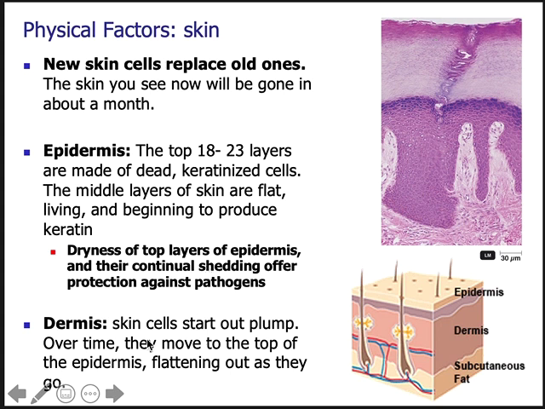Over time, they move up to the top and flatten out and become part of the epidermis. So you have epidermis, dermis, and then we're not even talking about the other parts. We're just focused on how skin acts as a physical barrier to protect you from infection.